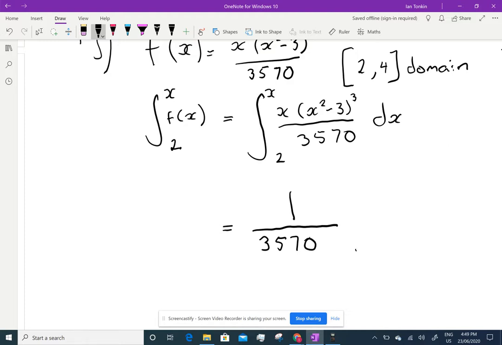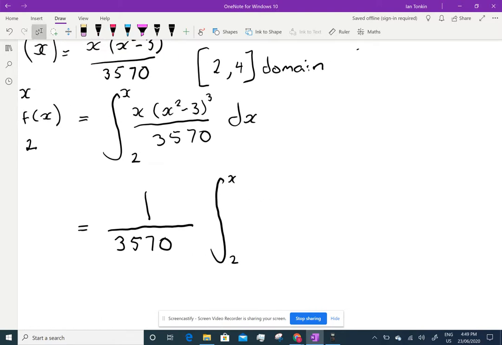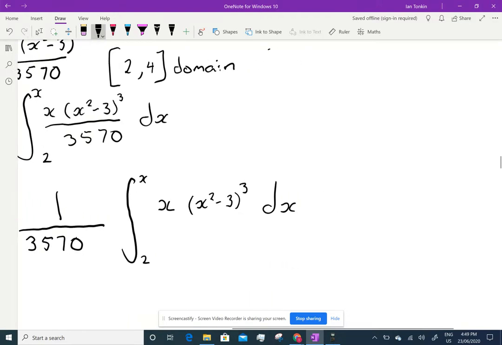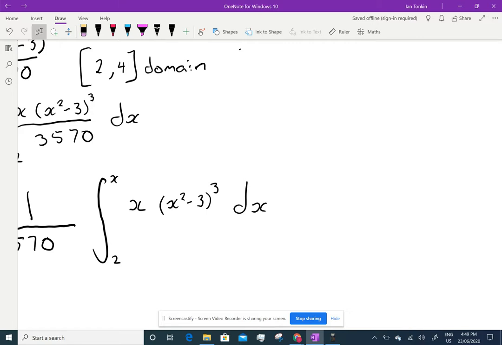So 1 on 3570, the integral from x to 2 of x squared minus 3 cubed dx. Now, you should remember on your formula sheet the integral of f dash of x, f of x to the n. I'm just going to check and make sure I've got it right.